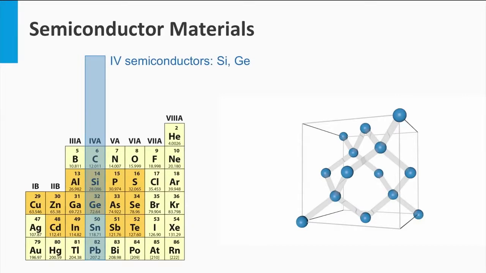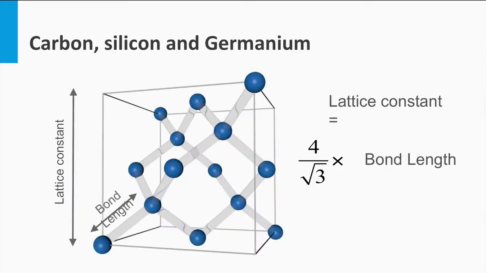Why is carbon not a semiconductor as it has the same lattice? To answer this question, we have to consider the bond length between the atoms, or in other words, to which extent the neighboring orbitals forming the molecular orbital are pressed together. The bond length is in general expressed in terms of lattice constant.